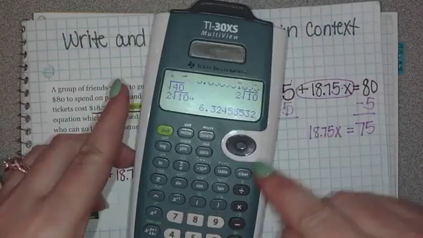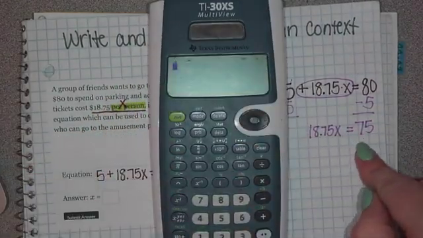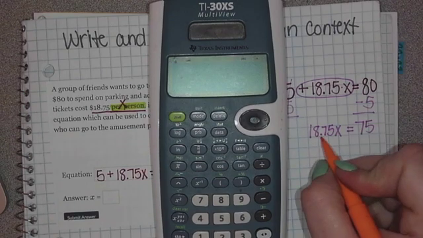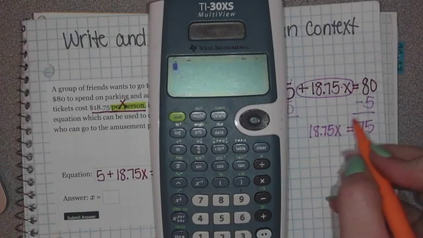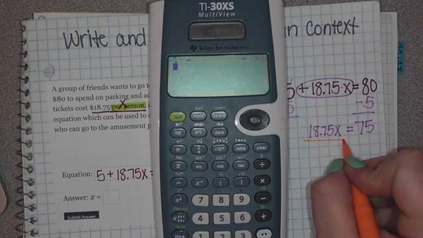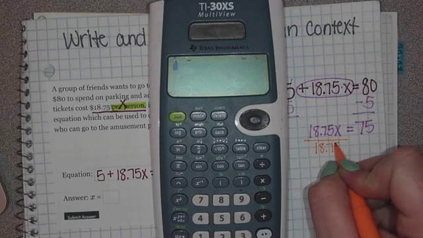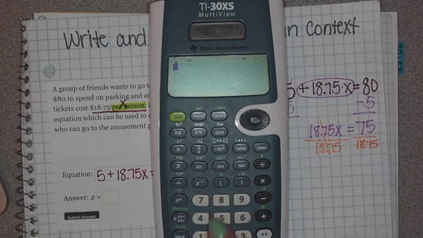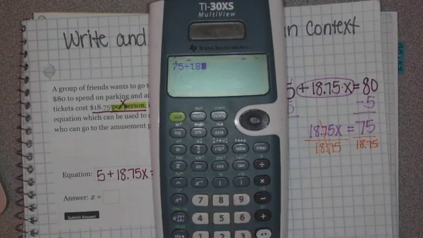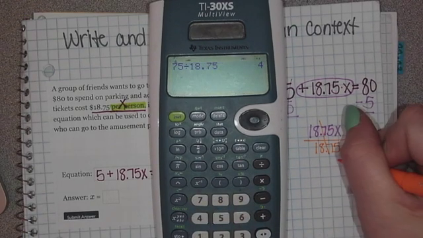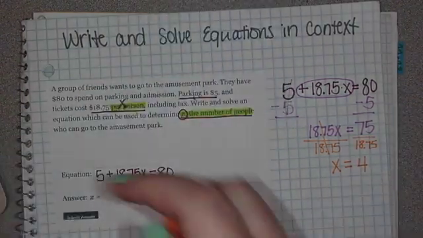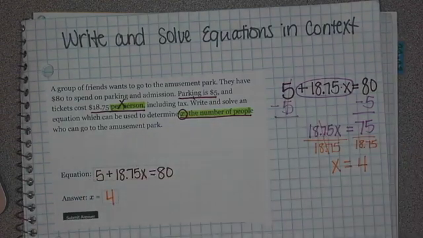So then the very last step, now we have 18.75 per person, or times x. So then you would divide by 18.75 and divide by 18.75. So 75 divided by 18.75 means we have 4 people that we could pay for if we had $80 to spend.